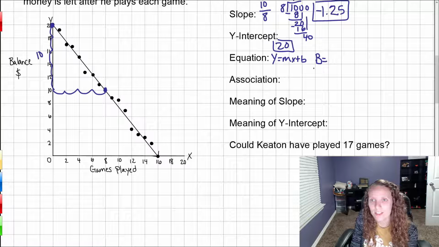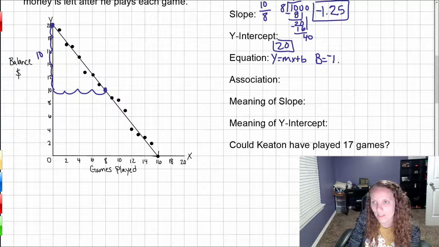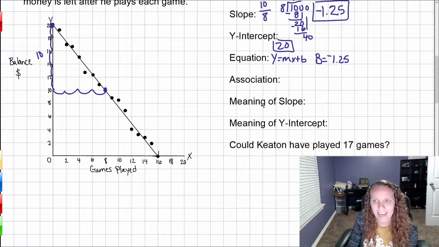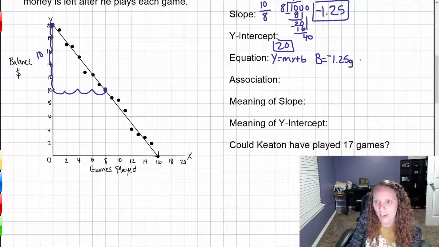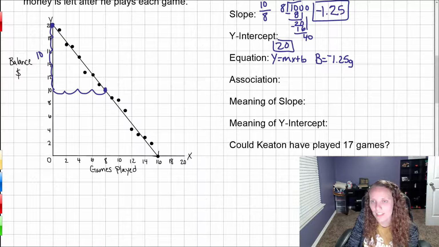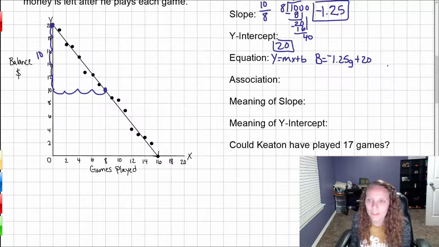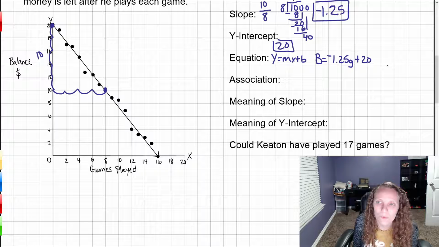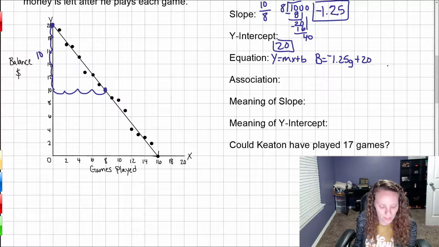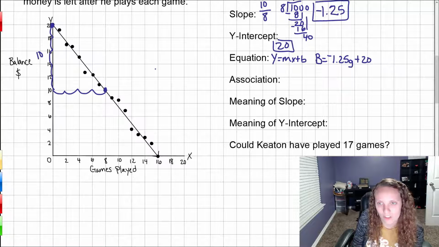So the balance is equal to, our slope was a negative $1.25 per game. So I'm going to use G for game. And then he ended up starting with a y-intercept of $20. Okay, so B for balance is equal to negative $1.25 per game, and then his mom ended up giving $20 to start with.